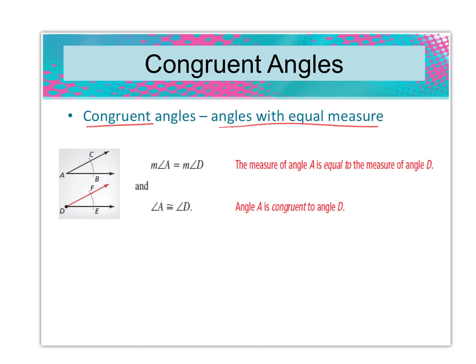So if angle A is congruent to angle D, or if the measure, so this is where we have to learn the words, right? Notice this has an M here, another M, and it says equals.